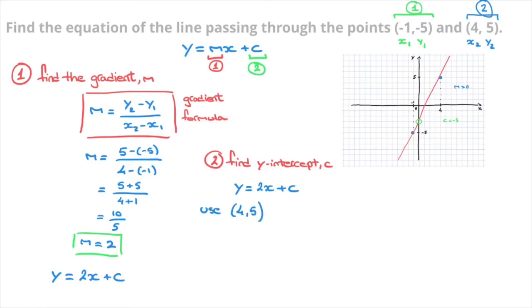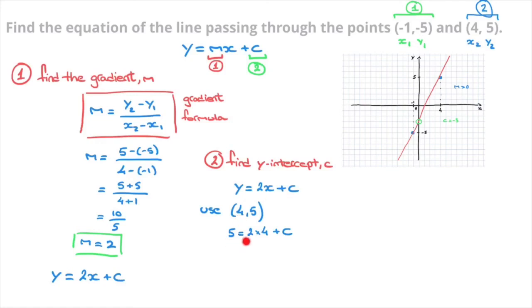Now, to find c, all we have to do is to replace the x in the line equation by the x-coordinate of the point we just chose, and the y in the line equation by the y-coordinate of the point we just chose. That would look like this. 5 equals 2 times 4 plus c. All I've done there is replace y in the line equation by 5 and x in the line equation by 4.